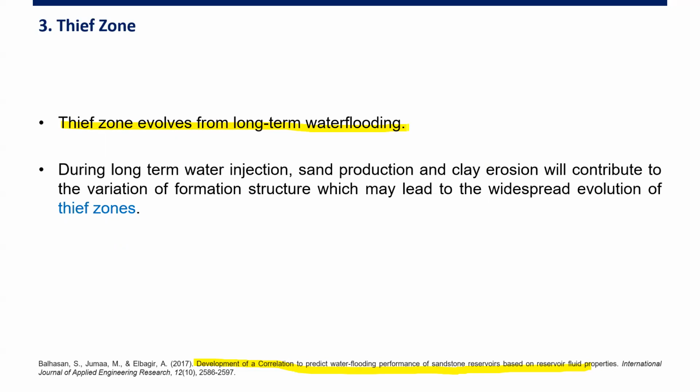During long-term water injection, sand production and clay erosion will contribute to the variation of formation structure, which may lead to the widespread evolution of thief zones. I've addressed this issue also in another video in Waterflood playlist about thief zone. So this is very important. Thief zone evolves from long-term water flood, especially from sand production and clay erosion during that long water flood.